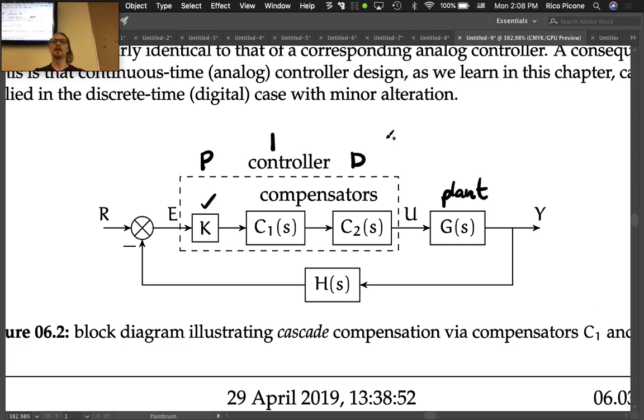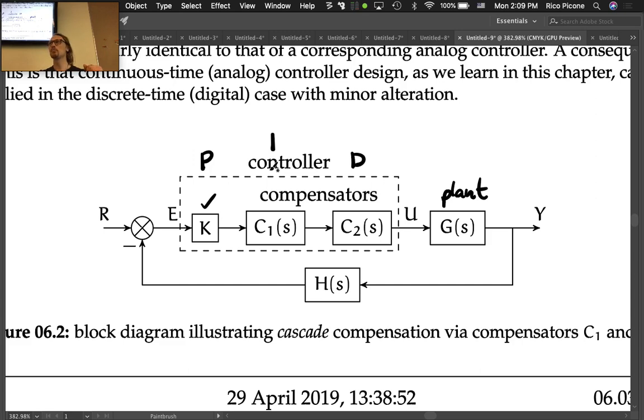So the controller is comprised of the proportional gain and the compensators that you include as well. When I say add on, what I mean is include as well. I'm not talking about mathematically adding. We're actually mathematically concatenating in a multiplication in the Laplace domain.